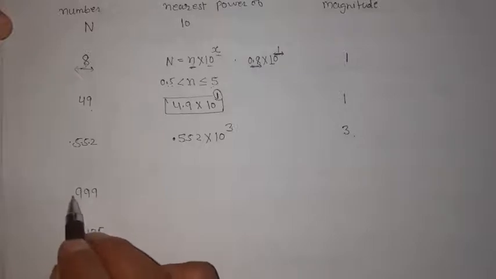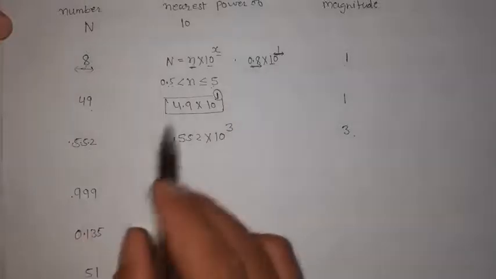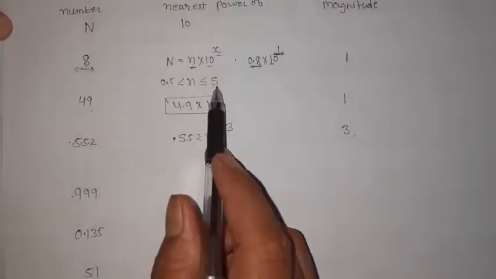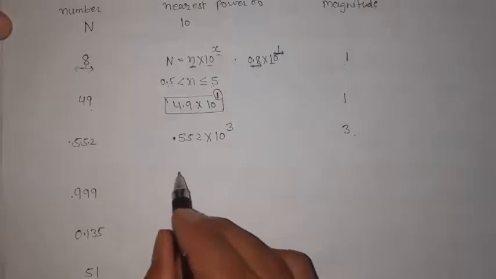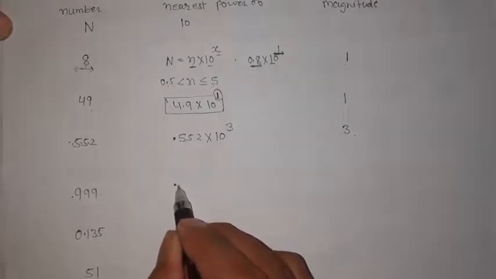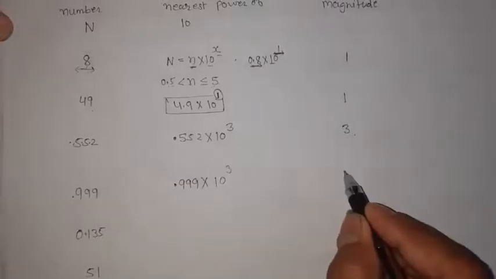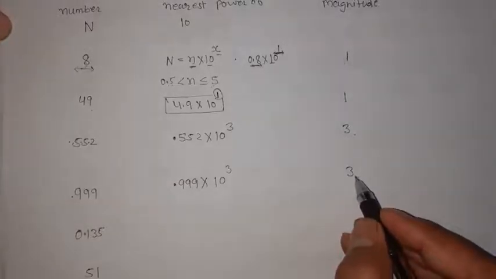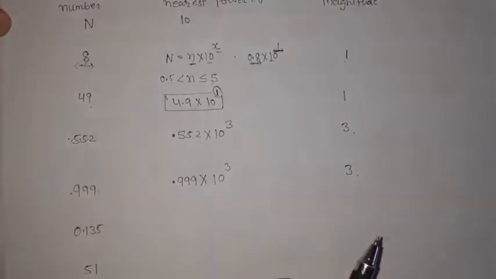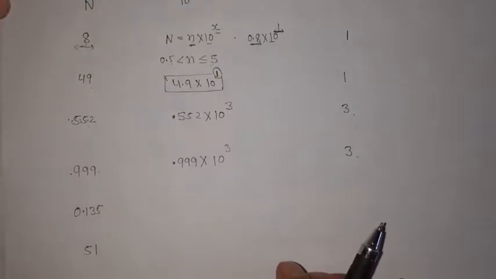If I use a decimal before 9 over here, then this value will be greater than 0.5 but smaller than 5. So thus I will have this expressed as 10 to the power 3, and the order of magnitude is 3.